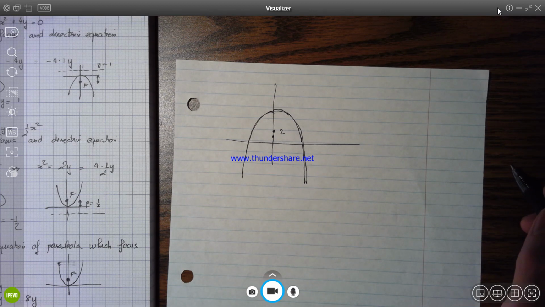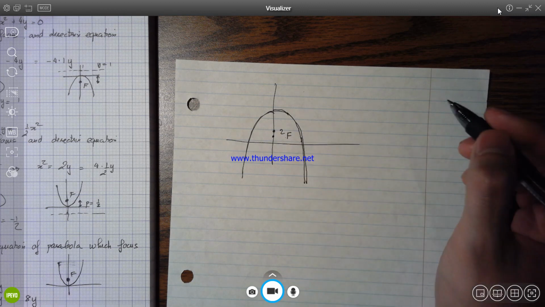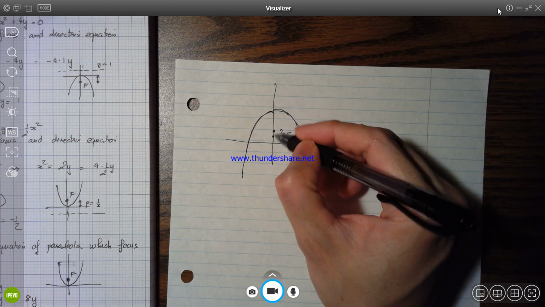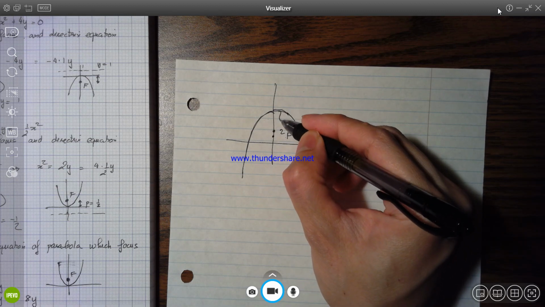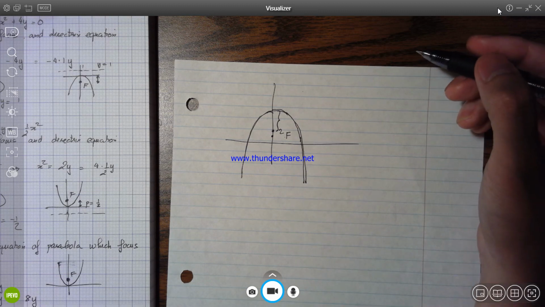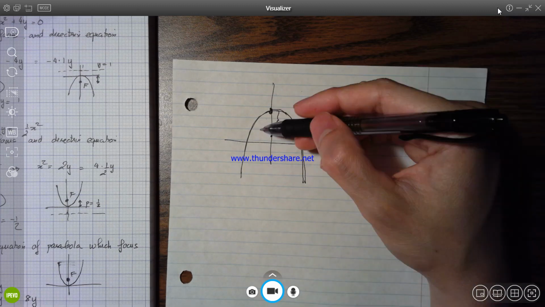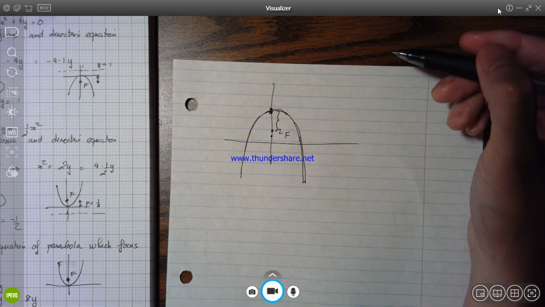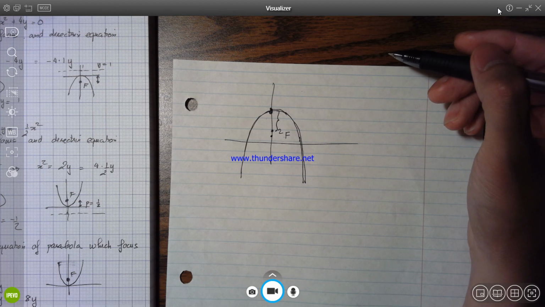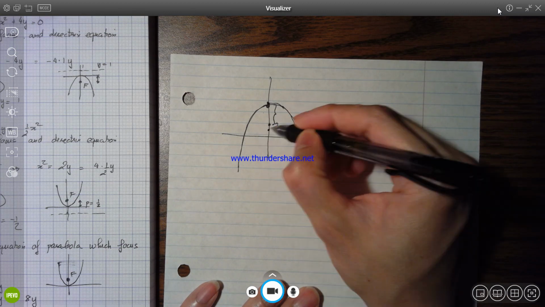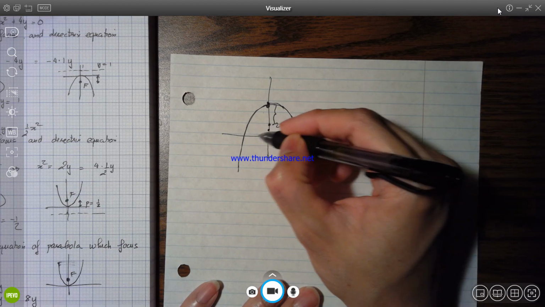So (0, 2), that's the focus right here. Yeah, we don't know. You see that? If it is (0, 2), we don't know the value from here to here. We don't know the value from 2 to the vertex. Actually, they don't give you the vertex either. So we don't have enough information, because it could be like this, or it could be like that.